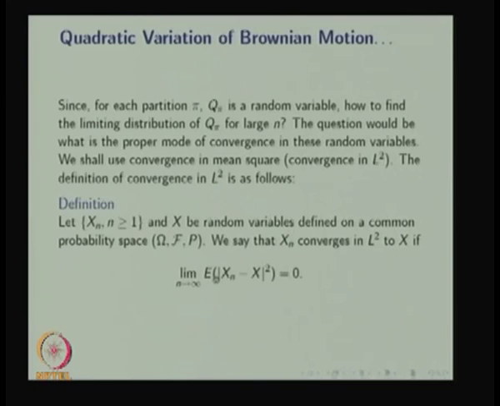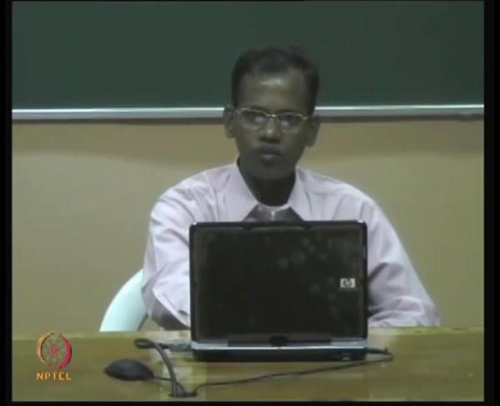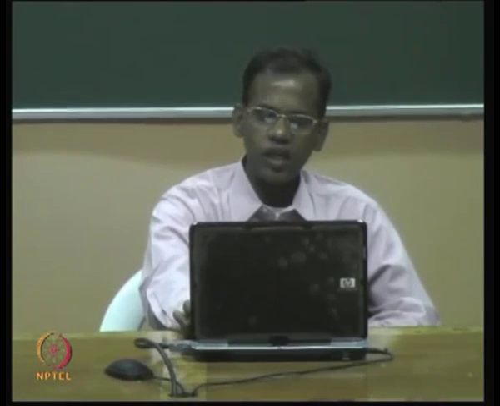If this condition is satisfied, where this is a sequence of random variables and this is a random variable, both defined on the same probability space, then we say the sequence X n converges to the random variable X in L2. The same approach we are going to use to find the limiting distribution of the random variables Q of pi for large n, or as n tends to infinity.